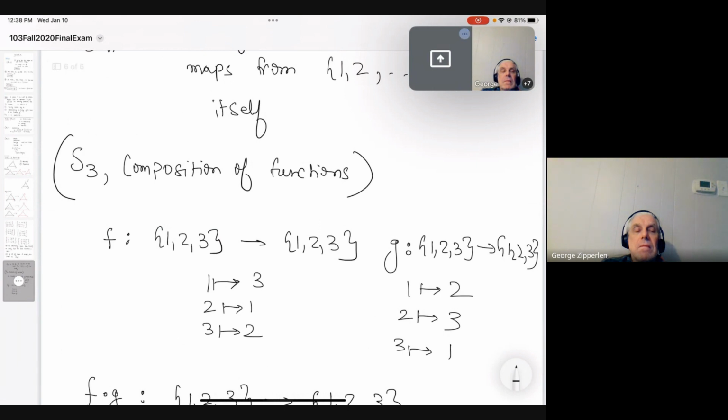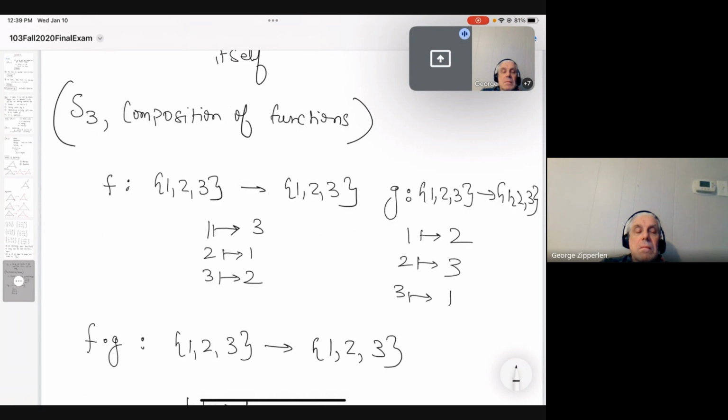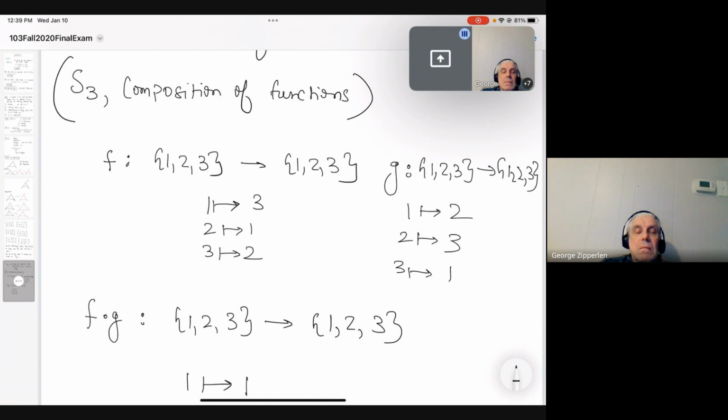When we talk about groups, there is always a set and then an operation. The operation for us is basically composition. And then I was explaining how we actually compose two functions. Let's take the two rotations that we had. F sends 1 to 3, 2 to 1, 3 to 2, and similarly G is the other rotation.